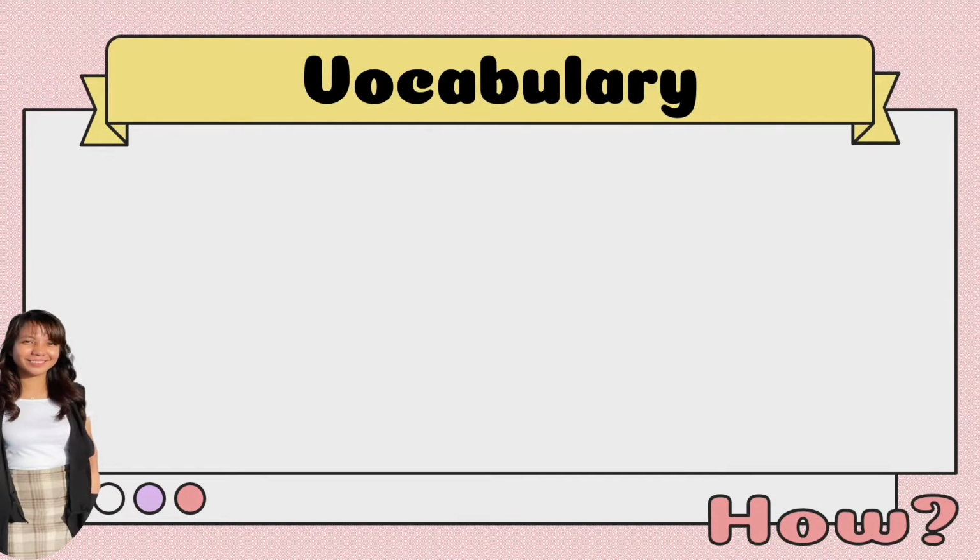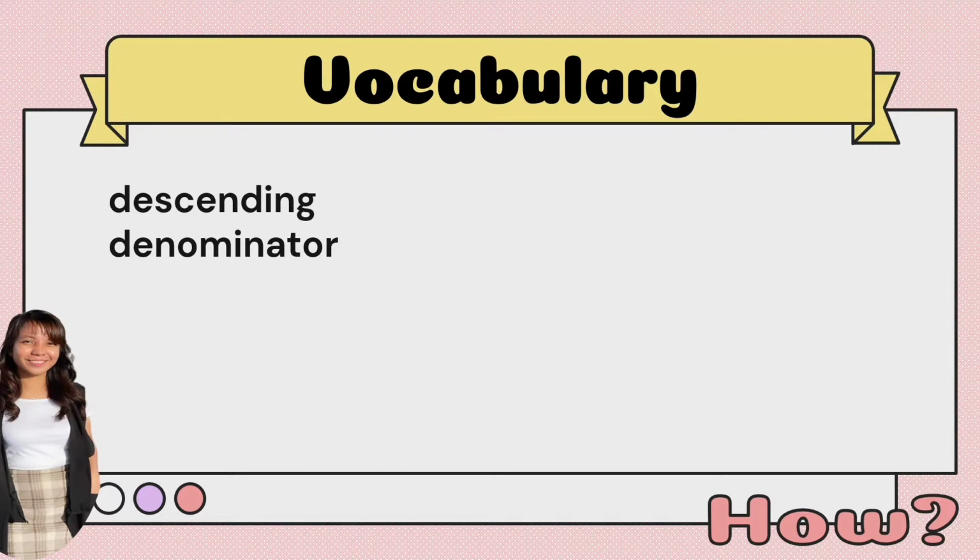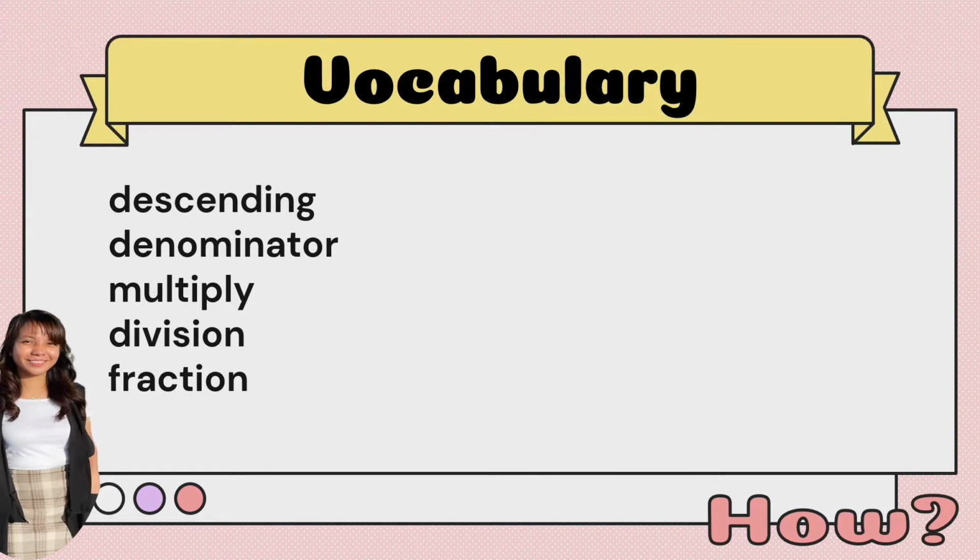Please repeat after me. Descending. Denominator. Multiply. Division. Fraction. Greatest. Thousand.